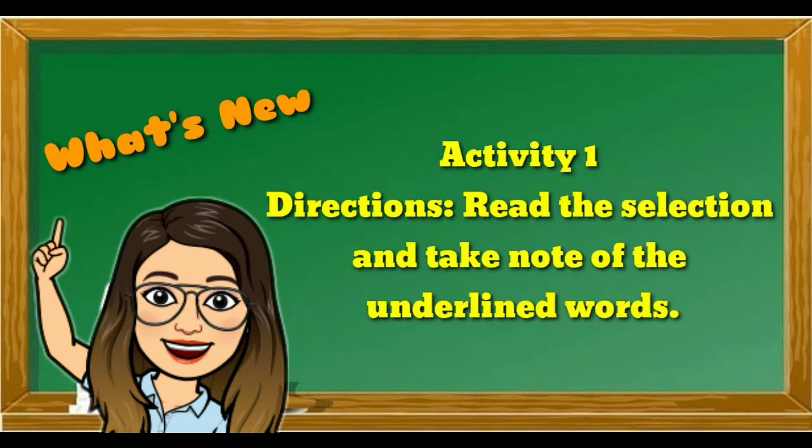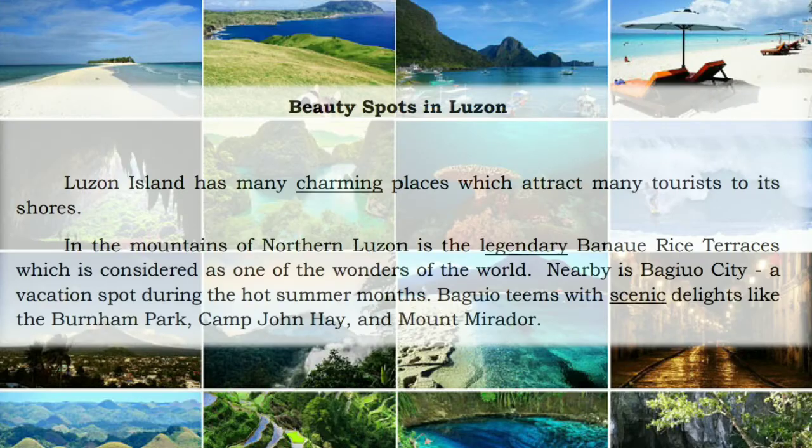What's New? Activity 1. Read the selection and take note of the underlined words. Let us read. Beauty spots in Luzon. Luzon Island has many charming places, which attract many tourists to its shores. In the mountains of northern Luzon is the legendary Banawe Rice Terraces, which is considered as one of the wonders of the world.